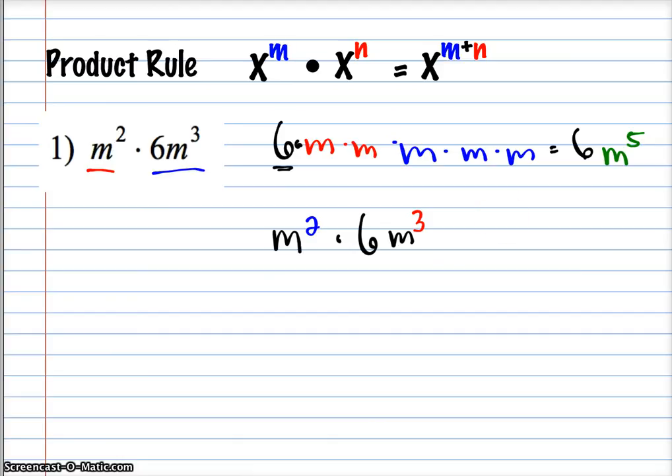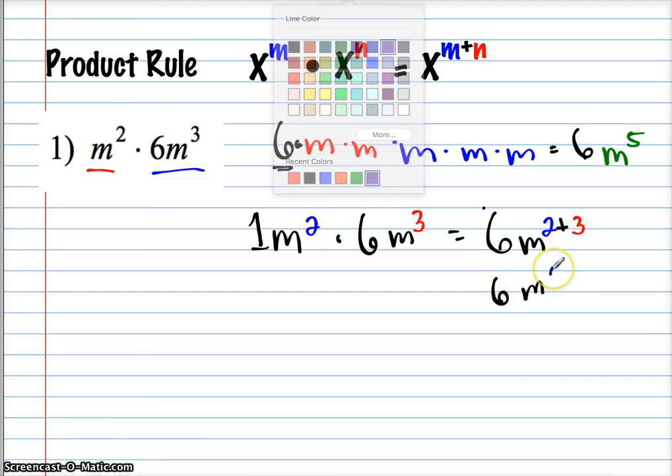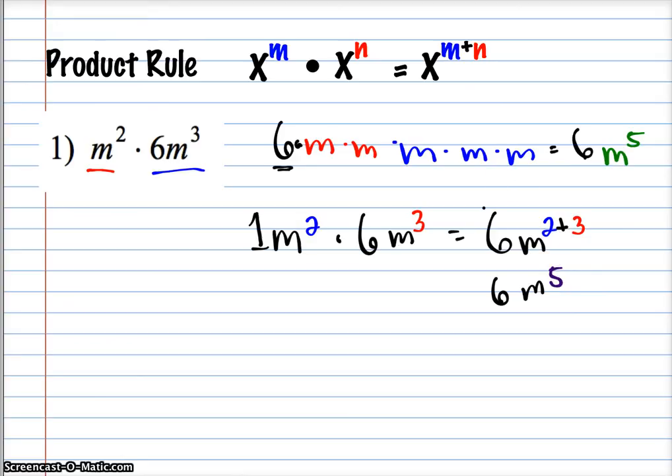I'm left with my 6, my coefficient, because there's an invisible 1 here, so 1 times 6 is 6. And then I have my m, my base number, and then 2 plus 3. Final answer, just like before, is 6m to the 5th power. Okay, that's our product rule.